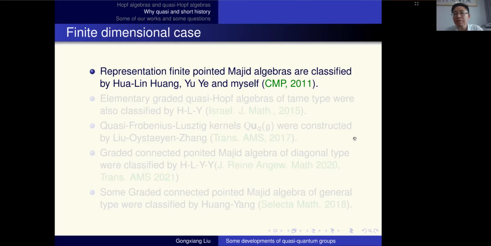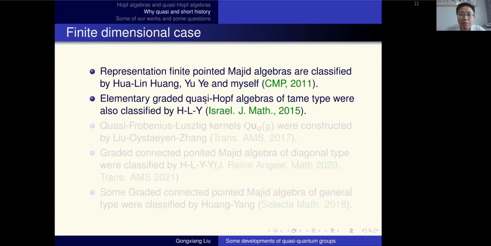So we wanted to generalize such an idea to quasi-Hopf algebras, and we had some success. For example, for representation-finite pointed modular algebras, we can classify them, and also for tame type, we can classify them.